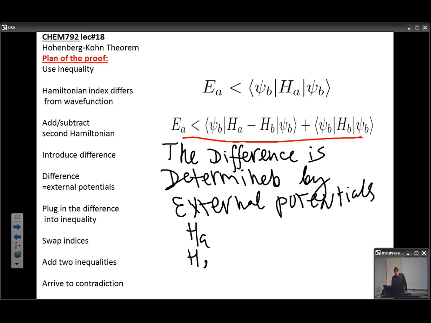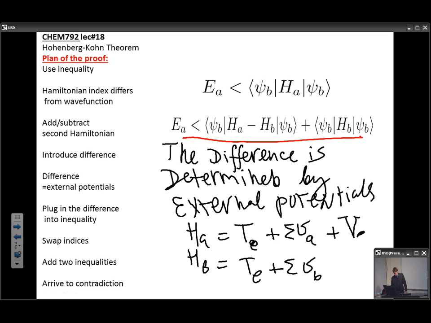We have HA and HB equal to the same kinetic energy plus electron to nuclei plus electron-electron interaction.